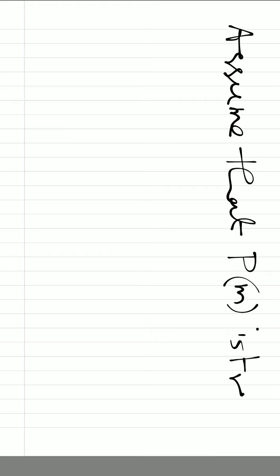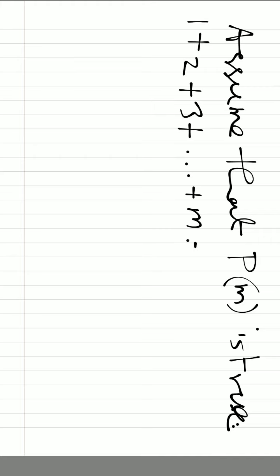Now since it is true, we are assuming we can write the equality straightforward. That means we can say the sum of first m natural numbers is becoming m times m plus 1 by 2. So this we have taken for granted because we are considering that Pm is true.